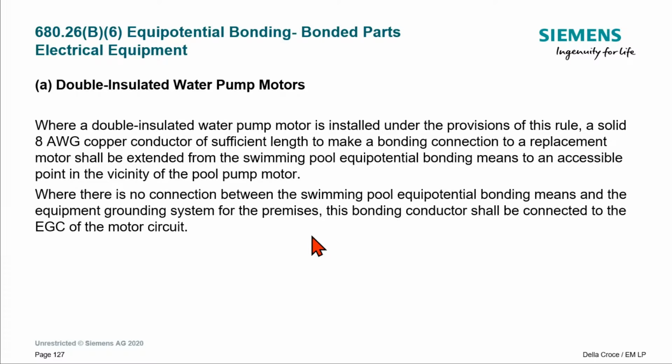There is probably without a doubt other applications. If you have other motors or other applications in here, that's going to have an equipment grounding conductor that is going to be connected at some point through some piece of equipment to the equipotential bonding grid. So I would say, if you have a swimming pool light, a luminaire installed inside this pool, you've probably done some equipotential bonding to the wet niche, which is going to have an equipment ground, which makes the connections to the equipment ground.